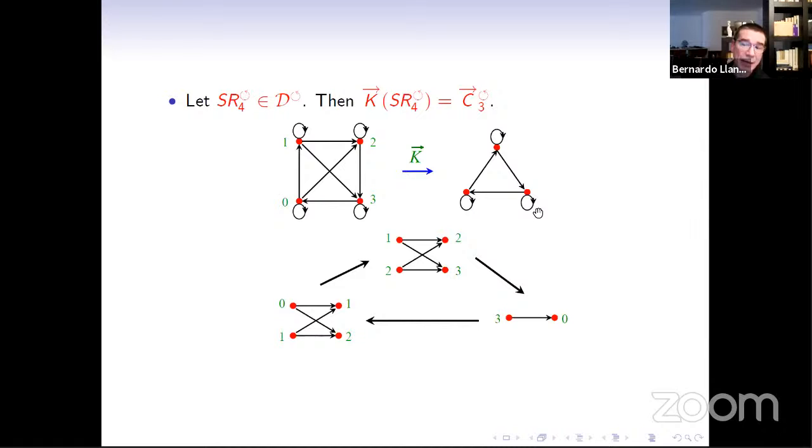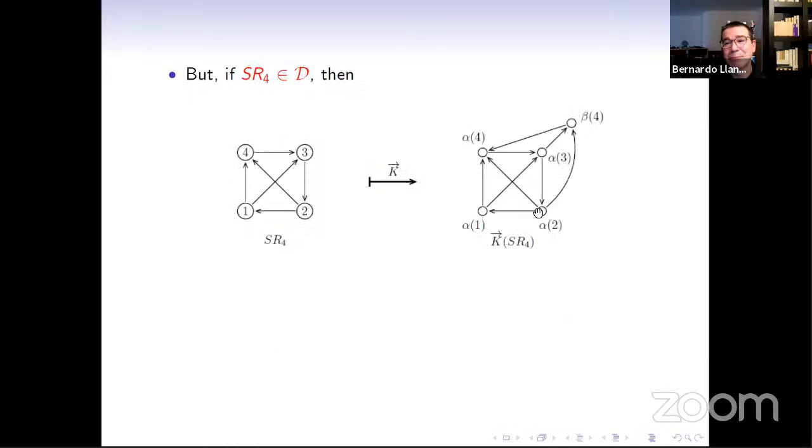Now, what happens if we forget about the loops? If we forget about the loops, the problem is really, really difficult, and we have been able to solve the problem.